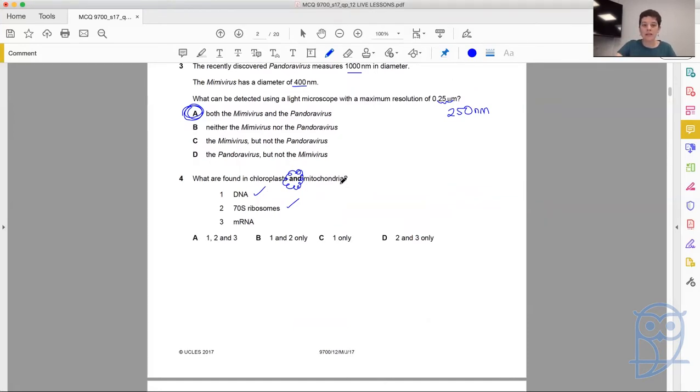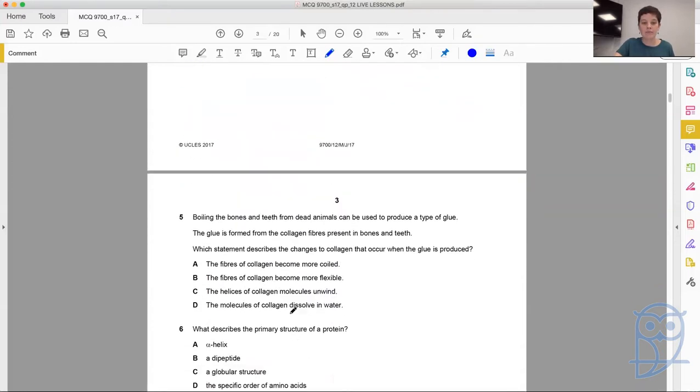Okay, chloroplasts and mitochondria have DNA and they have ribosomes. So the only way that the instructions could get from the DNA to the ribosomes in order to build the proteins that these organelles need is with mRNA. So answer is A, 1, 2, and 3. In order for chloroplasts and mitochondria to build proteins, they're going to need that DNA, 70S ribosomes, and the mRNA.